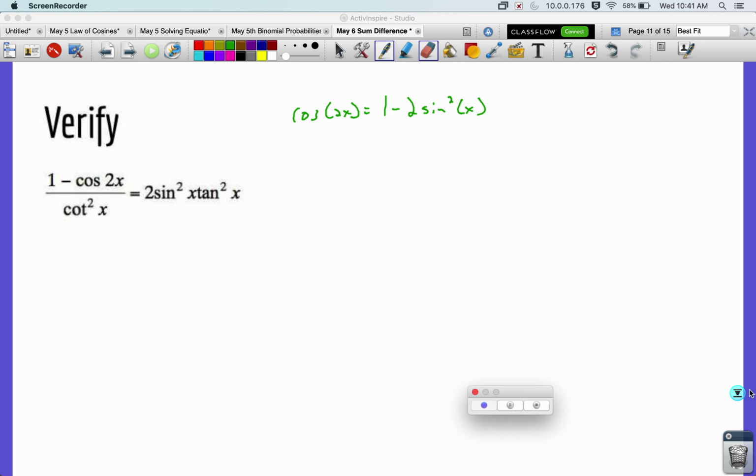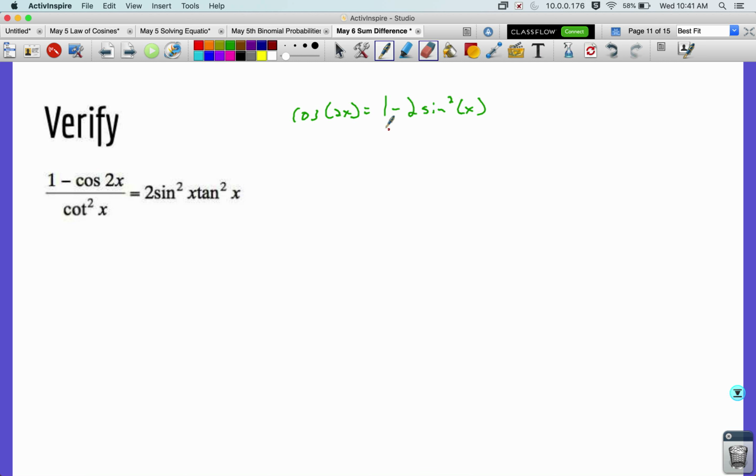Okay, this is the identity we want to start with. It does have the 1 minus cosine of 2x. It's just a little bit hidden. What we need to do is add the 2 sine squared to both sides. Add 2 sine squared and subtract the cosine of 2x from both sides. And now this will be rearranged to be 2 sine squared of x equals 1 minus cosine of 2x.